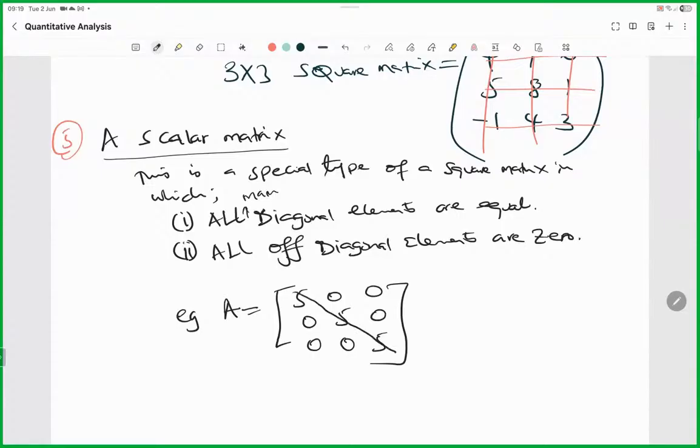They are equal, and all off-diagonal elements are 0. A very good example of a scalar matrix is the identity matrix: 1, 0, 0, 0, 1, 0, 0, 0, 1. All the main diagonal elements are equal, with all off-diagonal elements being 0.